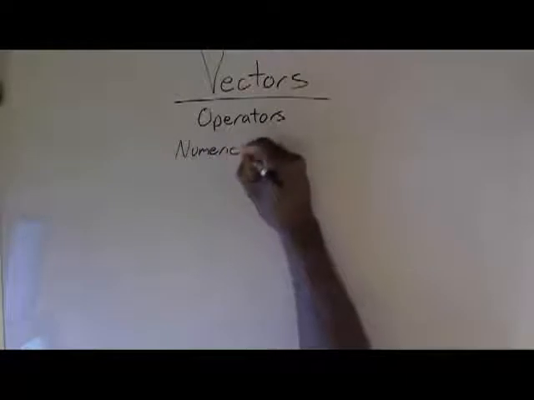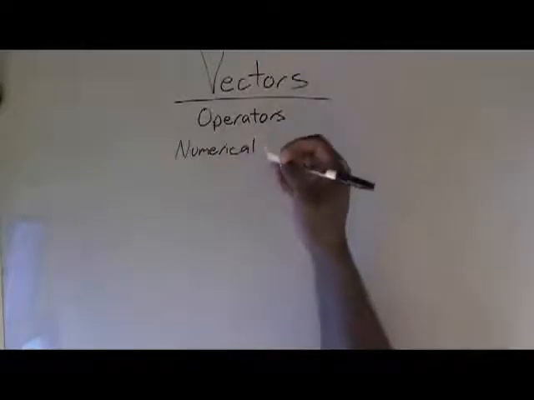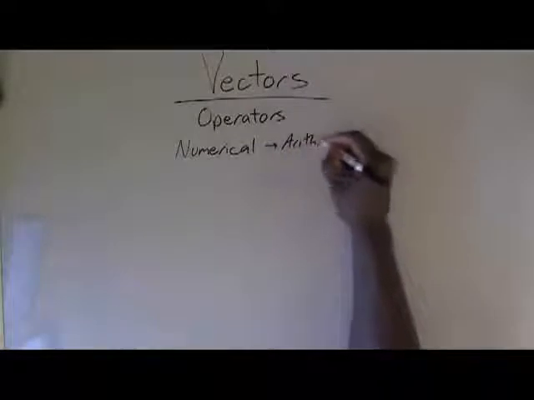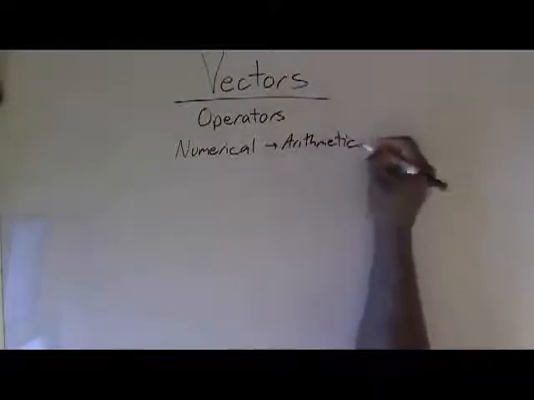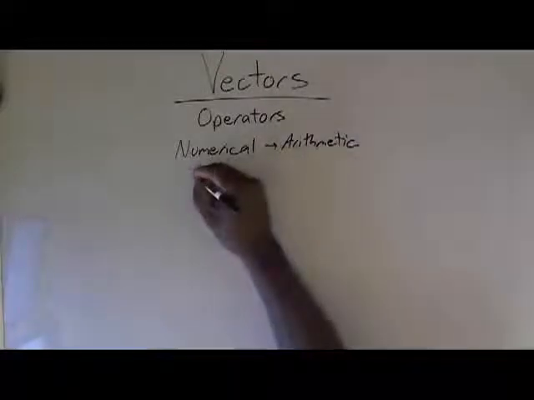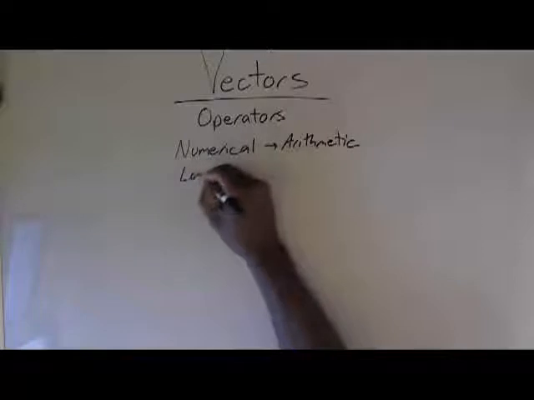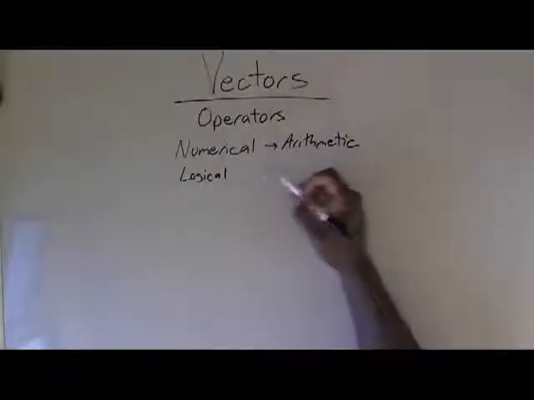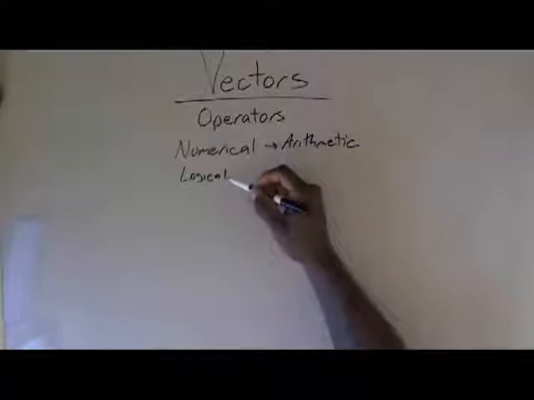They're numerical operators, also known as arithmetic operators. So how do you do basic math with vectors? And then the other one are logical or Boolean operators.